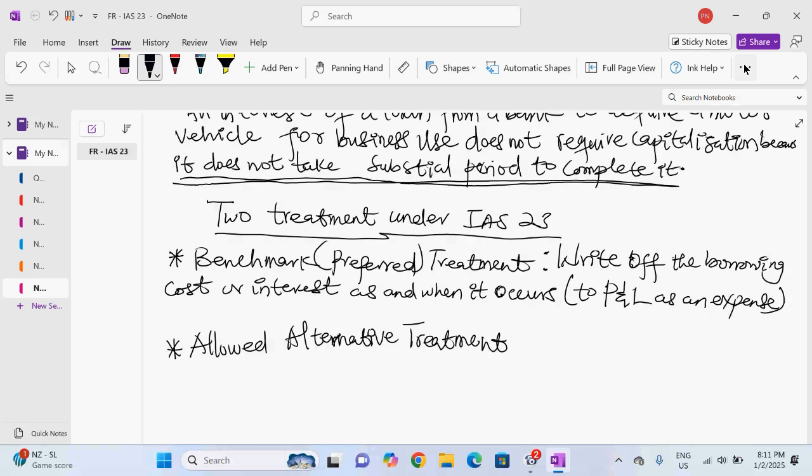So that is when we capitalize when it meets certain conditions.